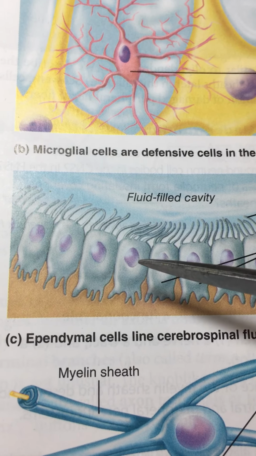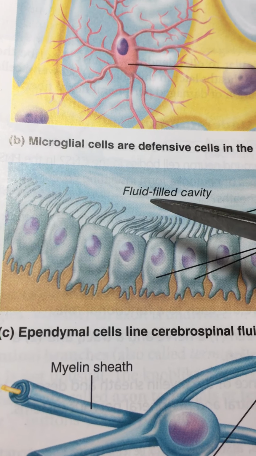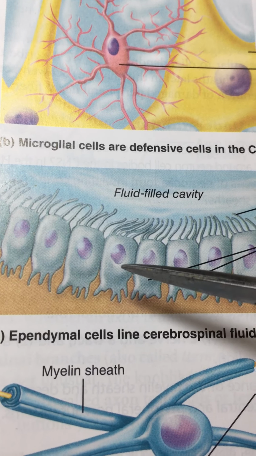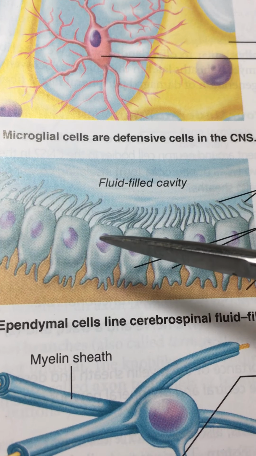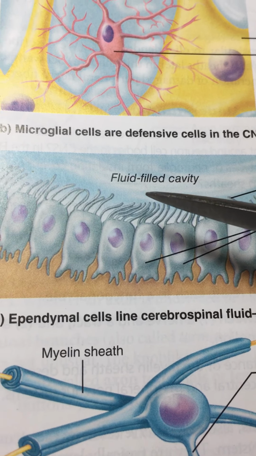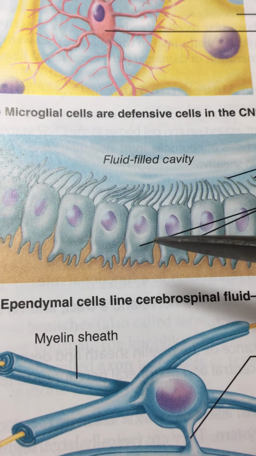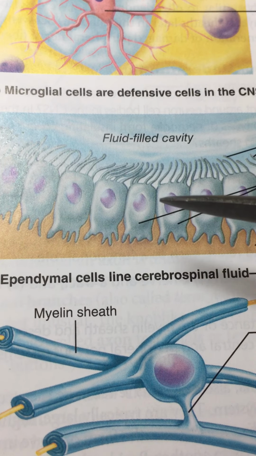And these cells are also responsible for creating the cerebrospinal fluid. That is to say, they are transformed in certain areas into capillaries, where the transudation of fluid from blood to CSF occurs. And so these are very interesting cells. I'll come back to that in a moment when we look at CSF.